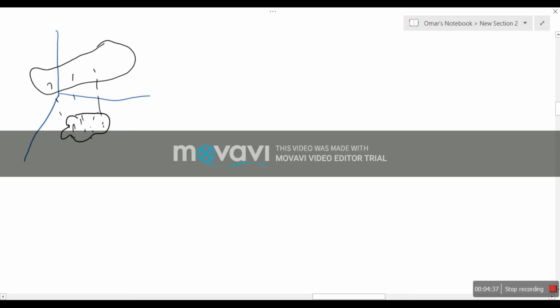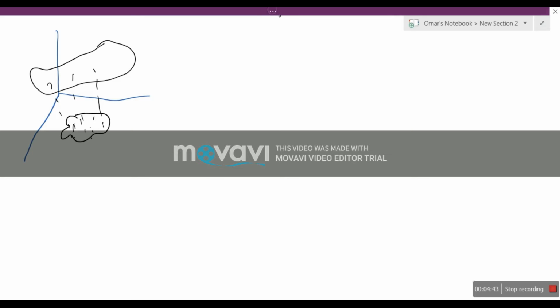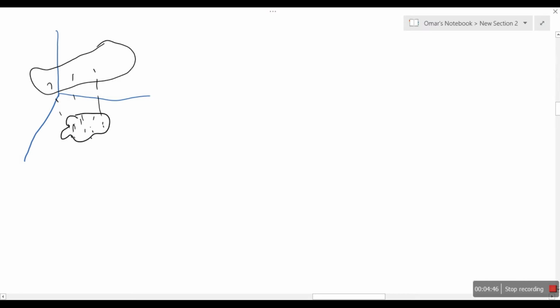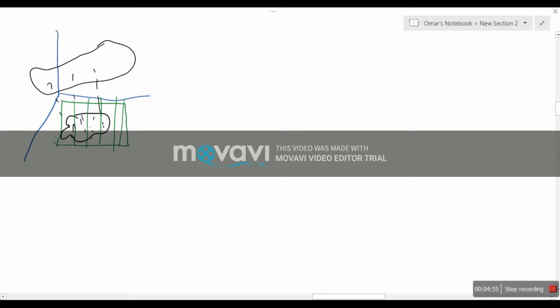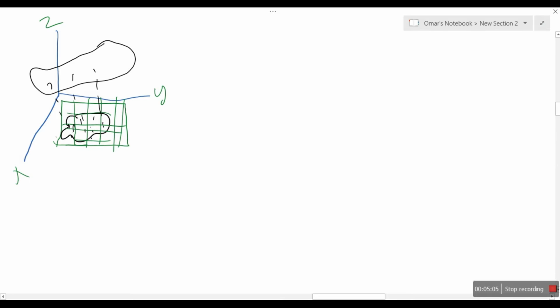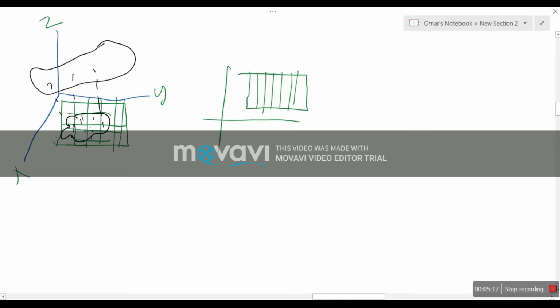If we want to do something like that, of course we're going to draw a rectangle over here, and subdivide that rectangle into small rectangles. Let's assume that that's the y and x.